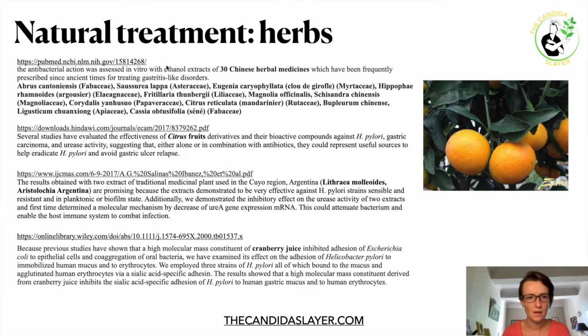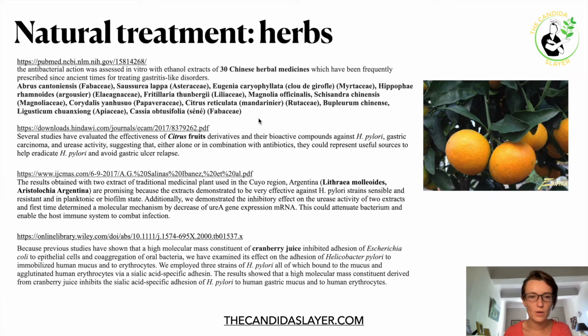So this study talks about 30 different Chinese herbal medicines that help with H. pylori overgrowth. I won't read everything, of course. These herbs are not so common here in France, at least in Europe. Maybe where you are, where you watch this video, you have heard about some of these herbs, but here we don't hear about them so much, because these herbs are Chinese medicine herbs, or herbs that you can find in Ayurvedic medicine.